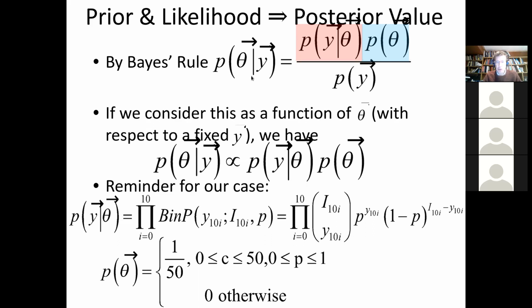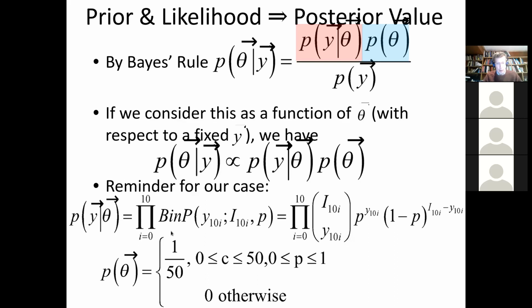As we ask whether this value of theta is more plausible than this one, than this one, is C really big and P low plausible, or is C mid-size and P mid-size plausible? The value of this denominator doesn't change as we ask about different values of theta. So it's just proportional to it in terms of theta.